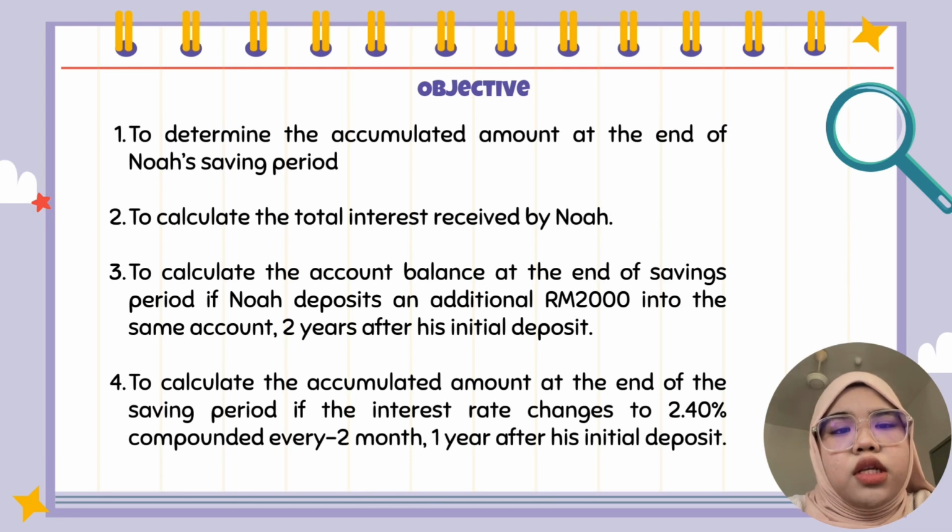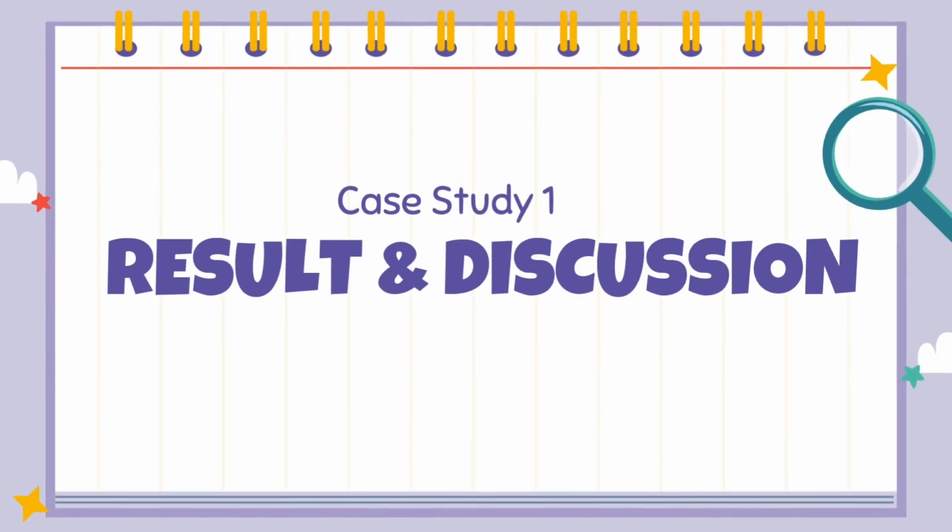Number 2, to calculate the total interest received by Noah. Number 3, to calculate the account balance at the end of the savings period if Noah deposits an additional 2,000 ringgit into the same account 2 years after his initial deposit. Number 4, to calculate the accumulated amount at the end of the saving period if the interest rate changed to 2.40% compounded every 2 months, 1 year after his initial deposit.